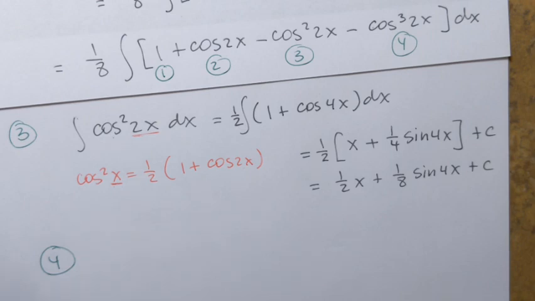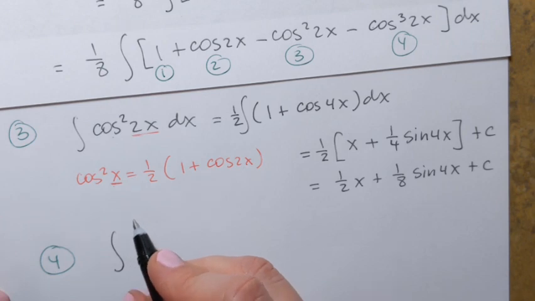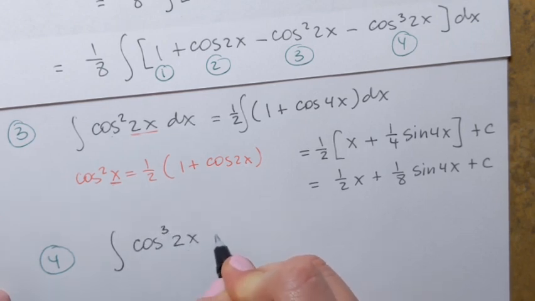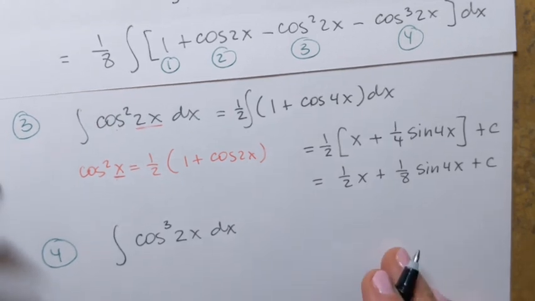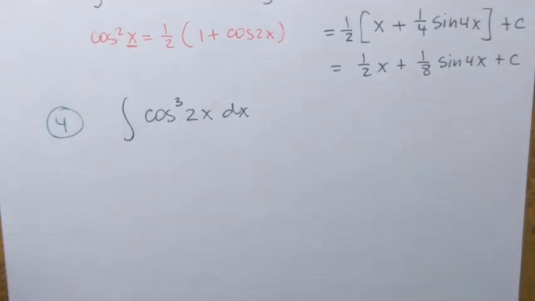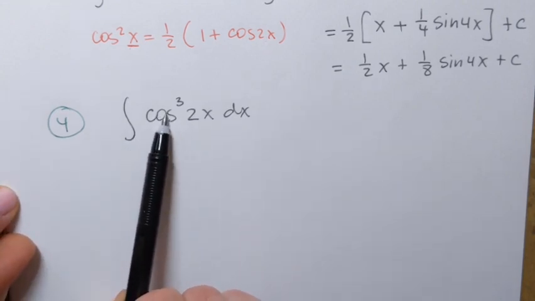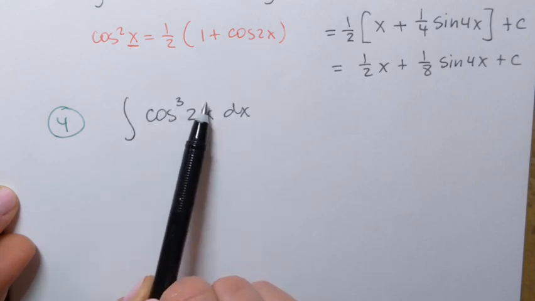is integral of cosine cubed of 2x dx. Now this time we have an odd power, and that's good because I know that I can separate one factor of cosine of 2x and put it with dx, right?